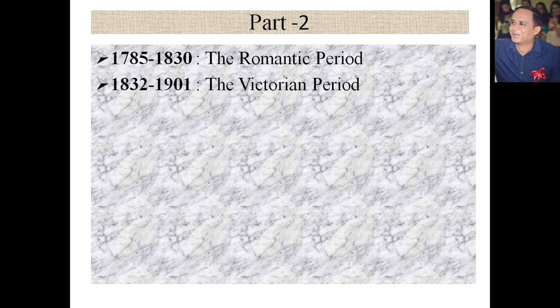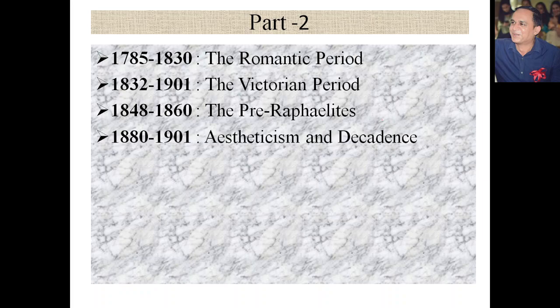So this entire period is further subdivided into the following periods: 1785 to 1830, the Great Romantic period in English literature. From 1832 to 1901, the Victorian period is further subdivided into these two sub periods: the Pre-Raphaelites and Aestheticism and Decadence.